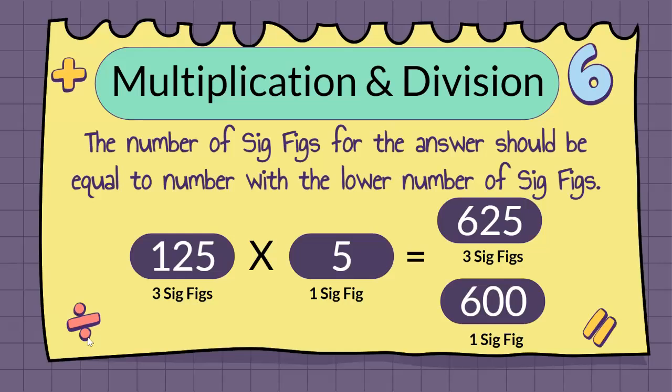The number 5 is 1 sig fig, so our answer should only have 1 sig fig. So we have to take that 625 and round it to 1 sig fig, which would mean 600 is our final answer. Make sure you keep these rules in mind as they will apply for the rest of the year in chemistry whenever we do mole and stoichiometry calculations.